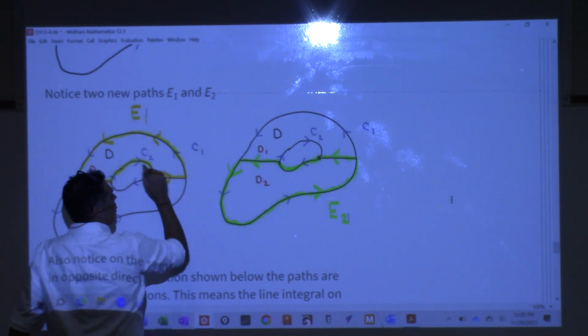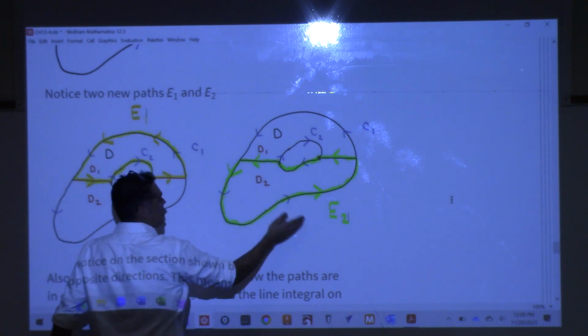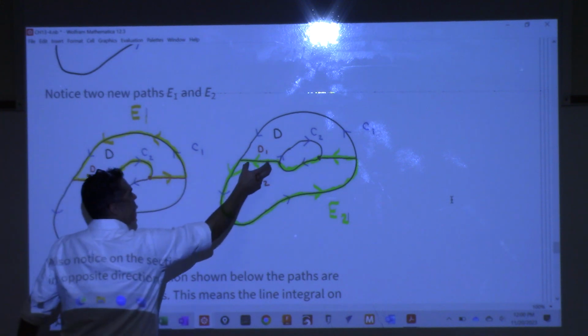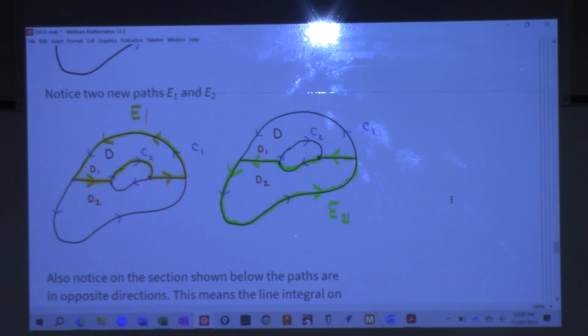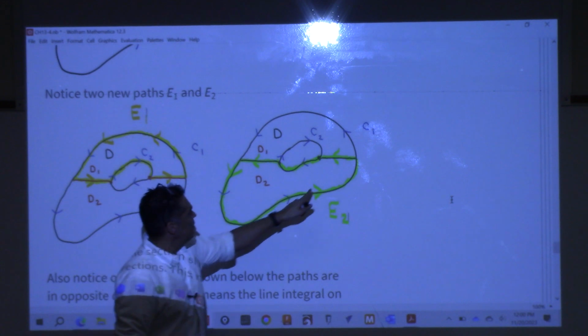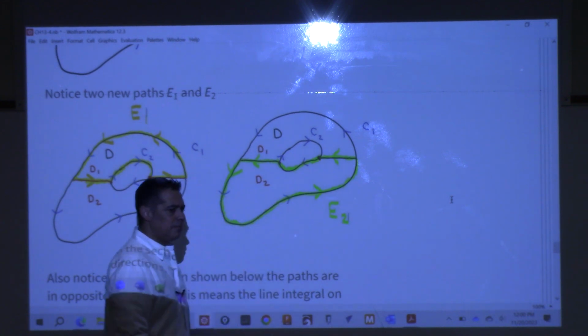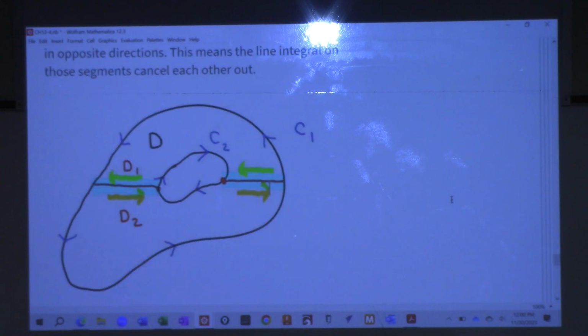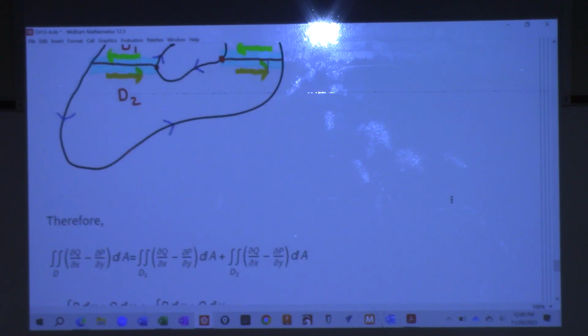When I'm on E1, I go from left to right here, and when I'm on E2, I go from right to left on that segment. Which means that if we add those together as line integrals, they should cancel, because they're in opposite directions, aren't they? And same with this one here. It's left to right here, but from here it's right to left. So they cancel each other out, opposite directions.